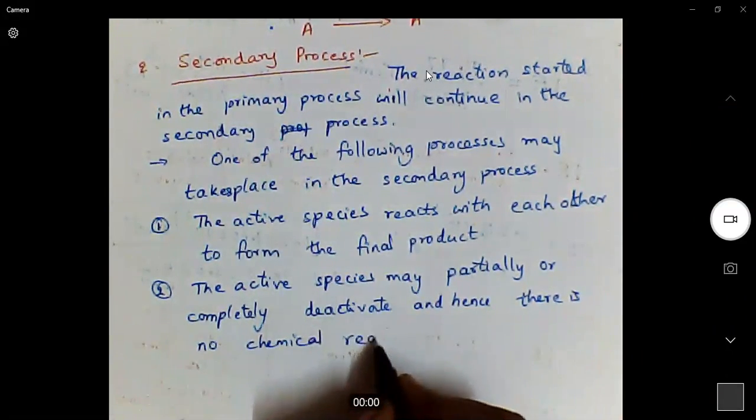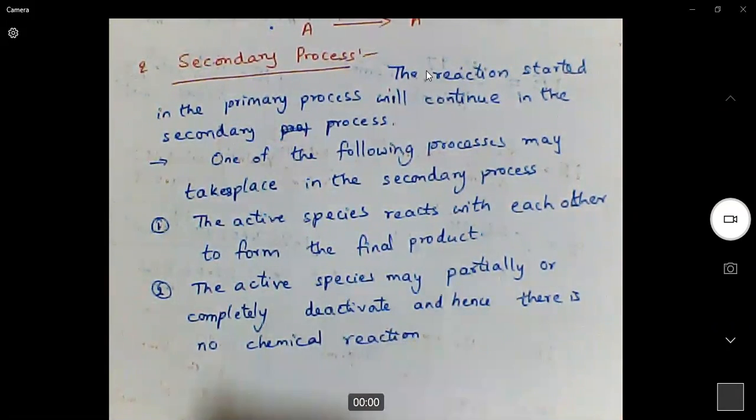This is another possibility. The active species may not have proper orientations or proper energy, so it will get deactivated so that a backward reaction will occur.